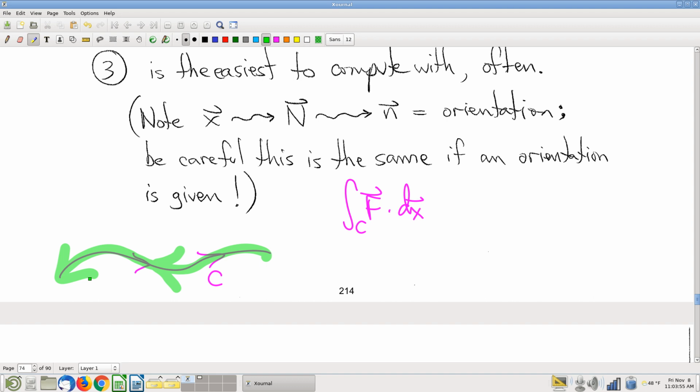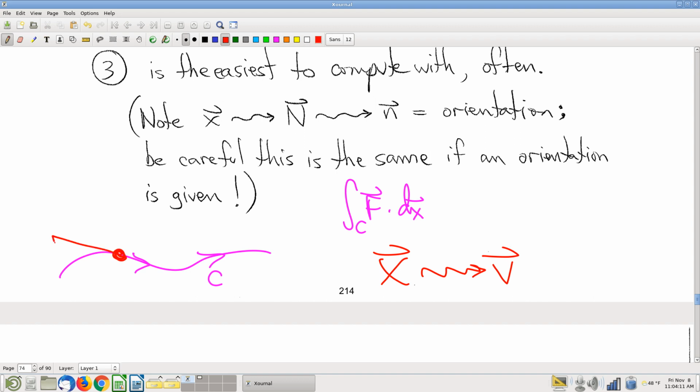Now, where does that come from? Well, it comes from the fact that your parameterization, in this picture here, gives you a velocity vector, looking at a given point here. And your velocity vector then tells you your unit tangent vector, t, that defines the orientation, right?